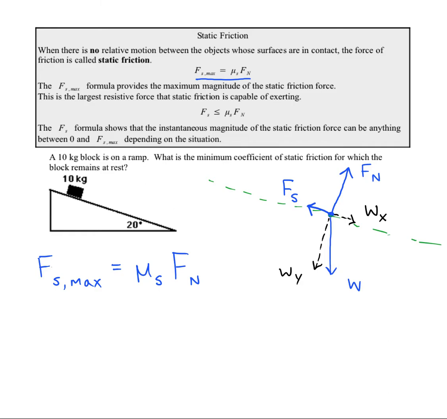Now, it's going to take a little work in this problem to determine what that normal force actually is. We do have a formula for it. The formula is the normal force will equal the weight times the cosine of the theta of the ramp.